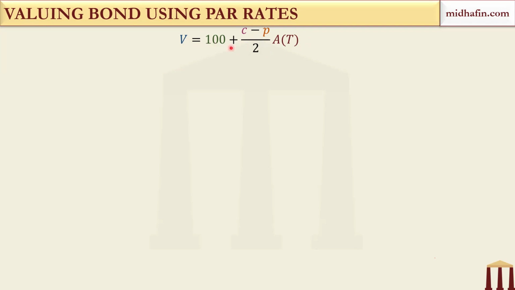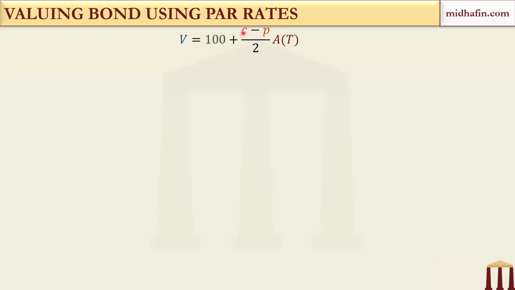Now, in the question that I mentioned, I said that par rate is 6%, coupon is 4%. So it's 4 minus 6, that is minus 2. So definitely this value becomes negative, and I will say that the bond will be sold at a discount. In the same way, if coupon rate is greater than the par rate of the bond, then I would say that the bond will sell at a premium.